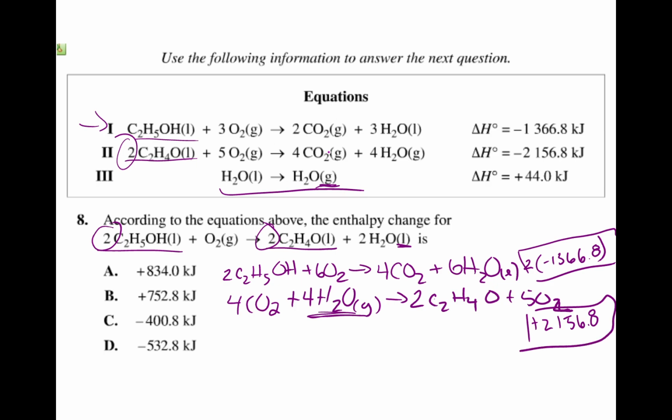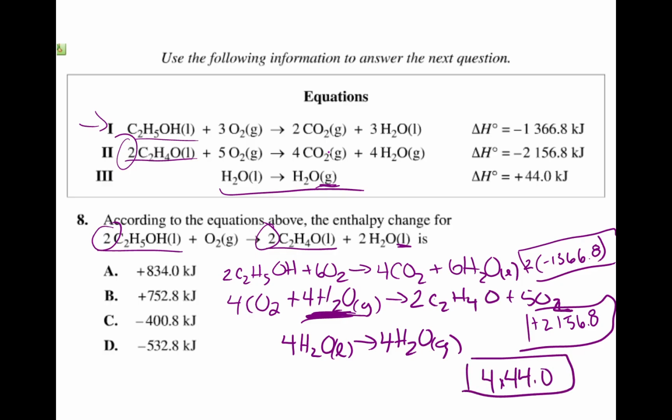Okay, so now my goal to get this one to cancel is I need to have 4 of the gases state on the other side. So I'm going to multiply this last equation by 4. So this value of 44.0 needs to be multiplied by 4. And I don't need to flip it.